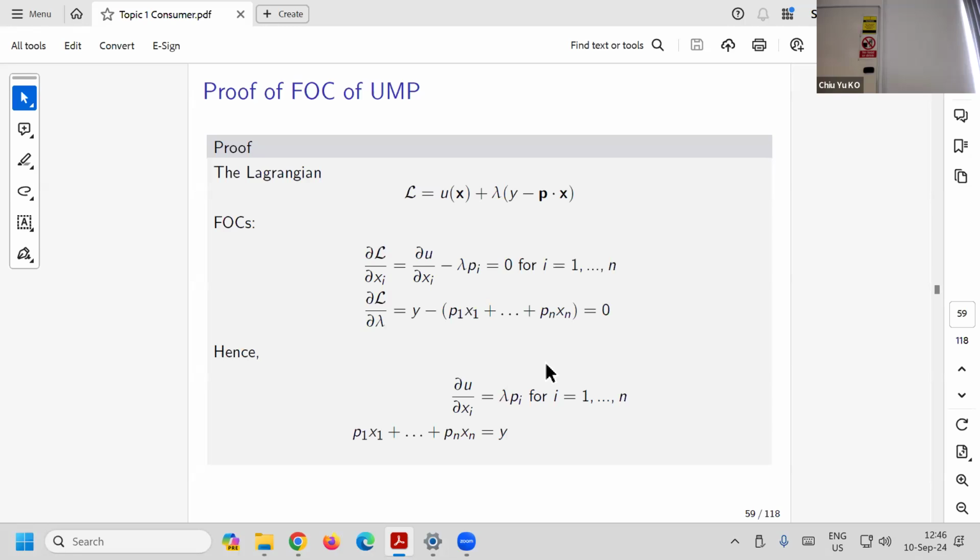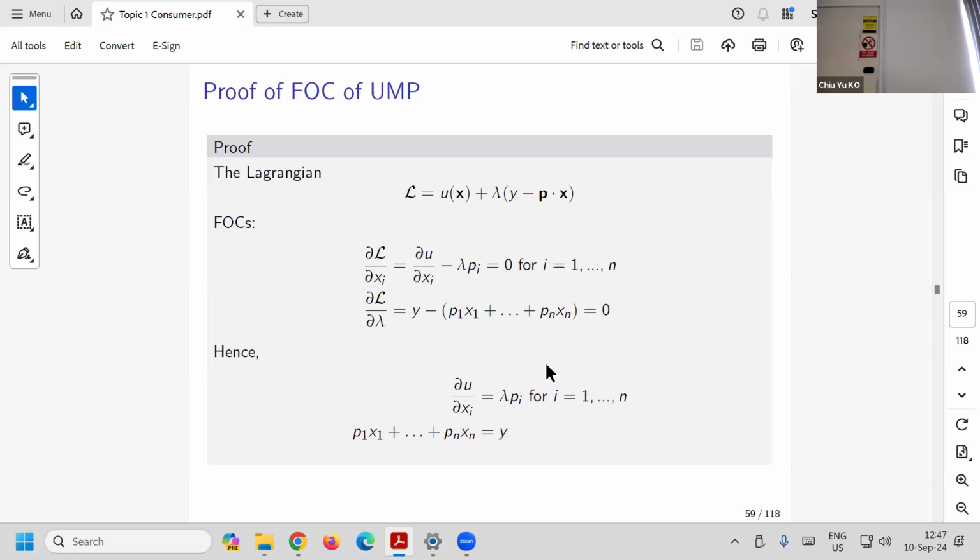And P_I is how much you pay if you buy one more unit, multiplied by lambda. So what does lambda mean here? This is in terms of buying one more unit of I: how much happier I get. That is the marginal benefit of having one more unit.